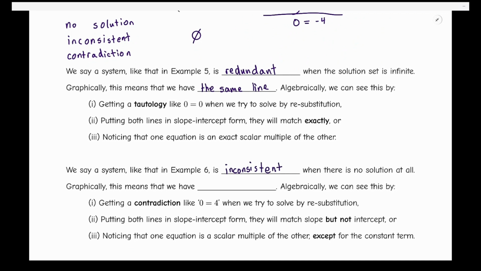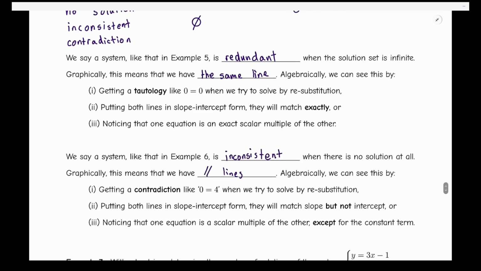Graphically, this means that we have parallel lines. Algebraically, we can see this by getting a contradiction like 0 equals 4 when we try to solve by substitution. Putting both lines in slope-intercept form, they will match slope but not intercept, or noticing that one equation is a scalar multiple of the other except for the constant term.